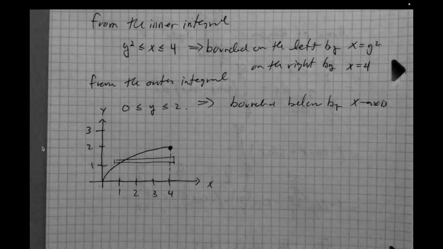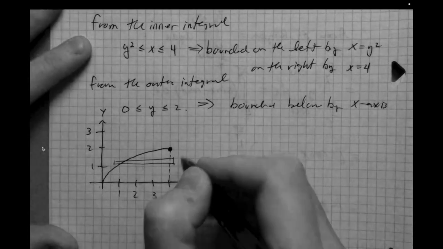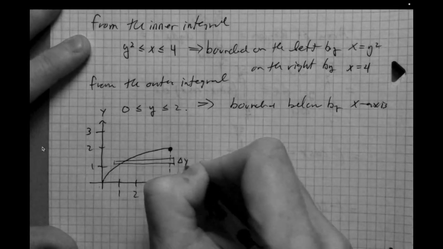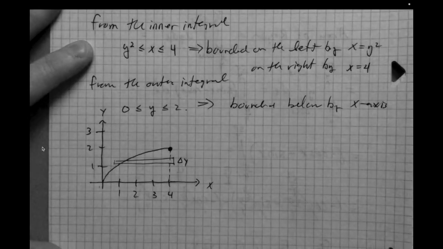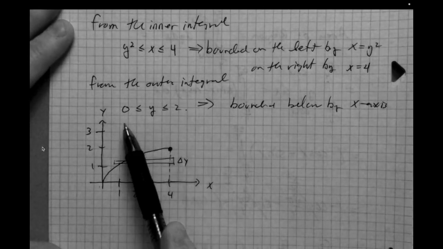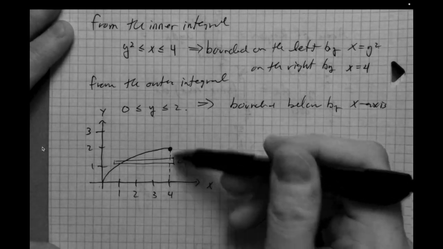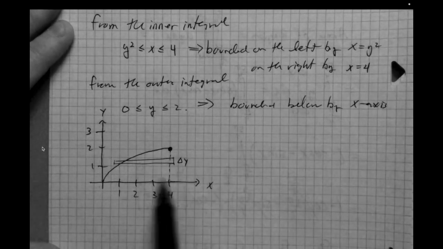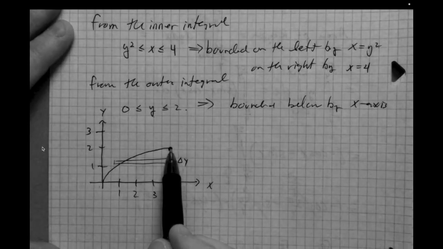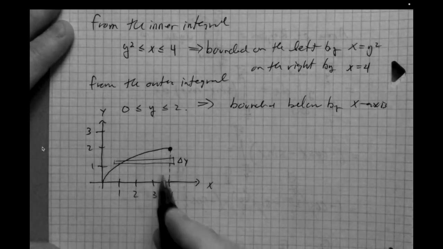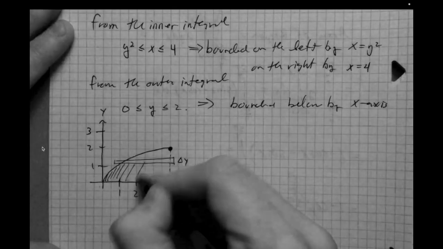Because it's written as a dx dy, that means you would have your delta y's like this. Okay. And then does the other piece work, y being between 0 and 2? Well, it does, right? Because you're only interested in the region up to here, and this would top out at 2. So this would be the region that you're interested in right here.